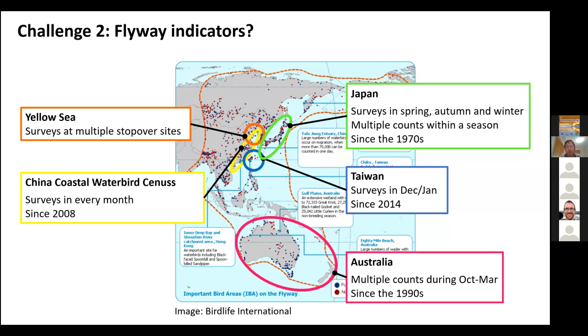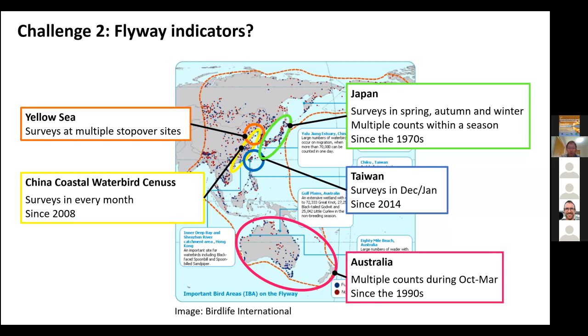Second, and this is also related to the first challenge of differences in monitoring schemes, with these indicators, we are trying to cover the whole flyway. You might remember that a number of similar bird population indicators have already been developed around the world, but they mostly focus on a single season, most typically the breeding season, so it's relatively straightforward.